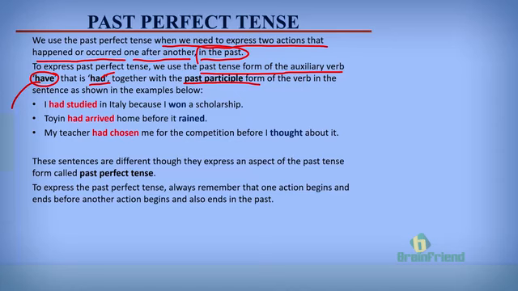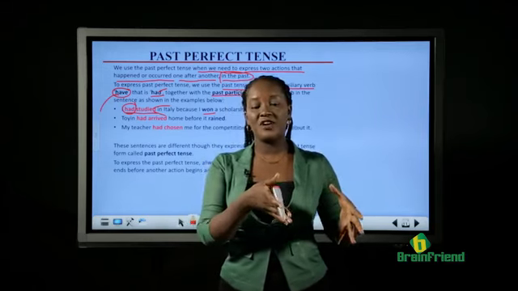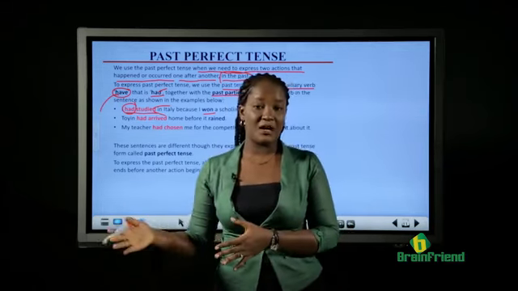Now, look at these examples on the board. I had studied in Italy because I won a scholarship. Here we have the auxiliary verb had and the action verb studied. So this verb studied is the past participle form of the verb. That is what happens when you find the verb had before a verb.